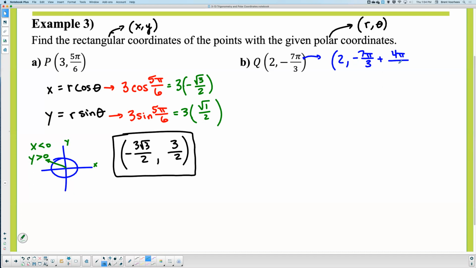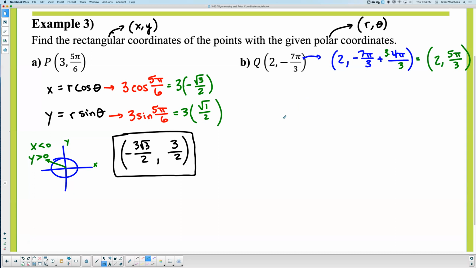I'm writing it all out so you can see the math later on. What is negative 7 pi plus 3 times 4, which is 12? 5. It'll be 5 pi over 3.